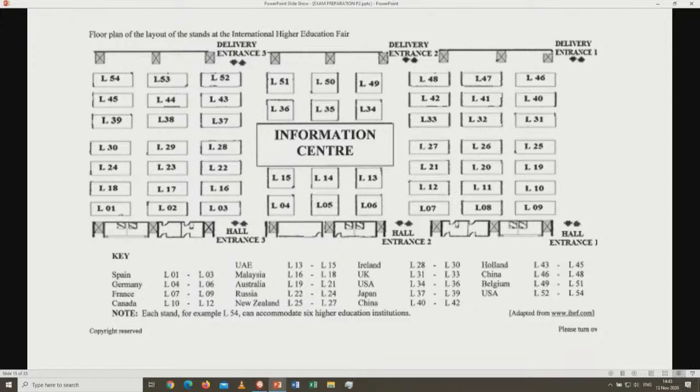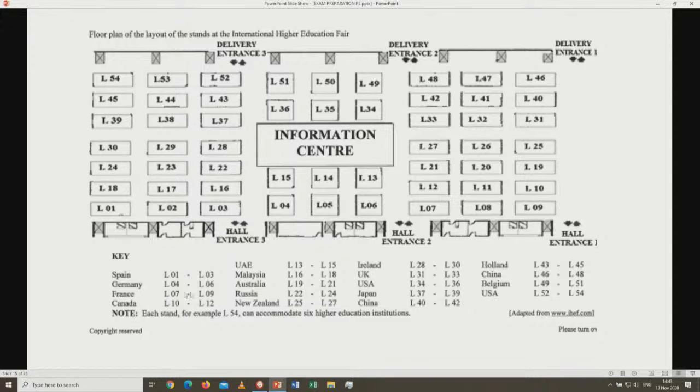At the end of the day, what I also want to mention to you is that a question of probability can creep in here, for example. This will be a brilliant place to put a question of probability, where I ask you, what is the probability of finding a German stand in this higher education fair?